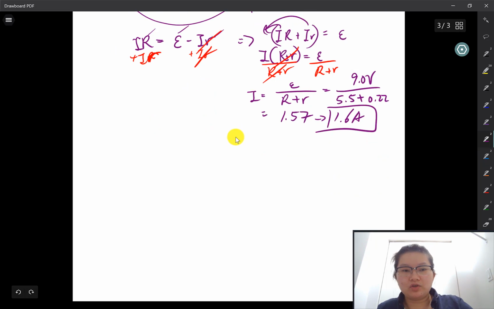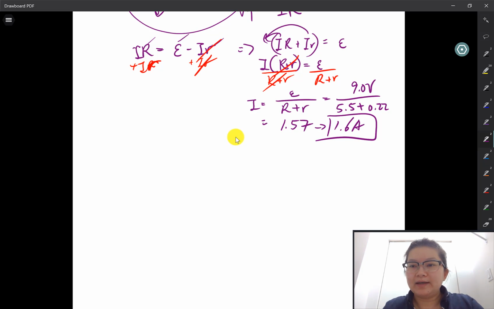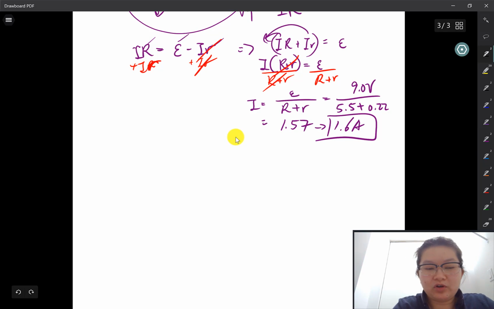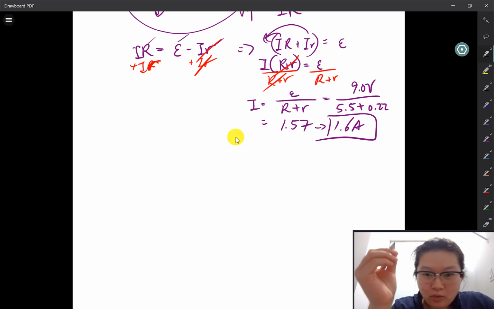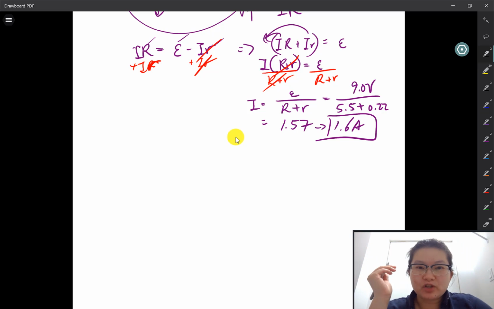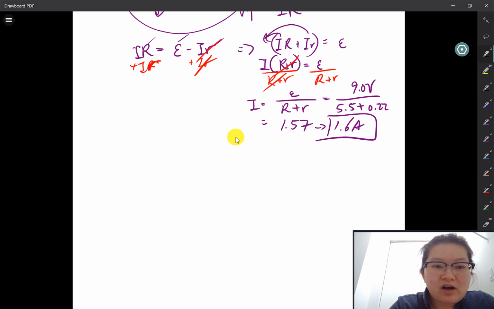Which comes to a point that I want to talk about: in a potential lab that you could be doing, you might be finding the relationship between terminal voltage and the current itself. So let's redraw this diagram here.